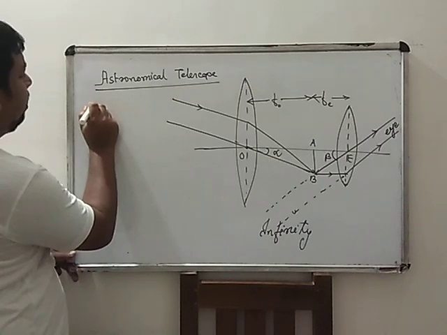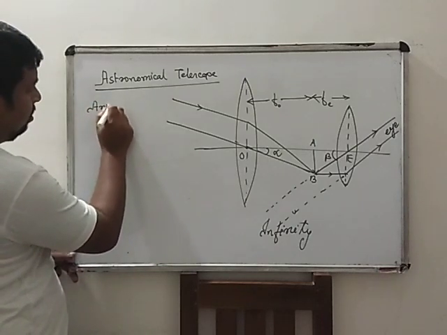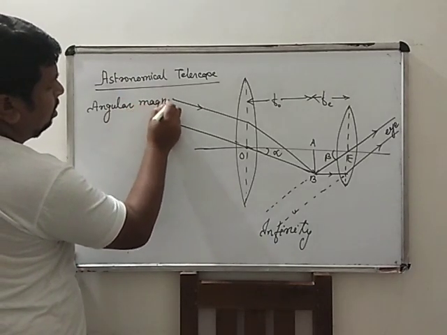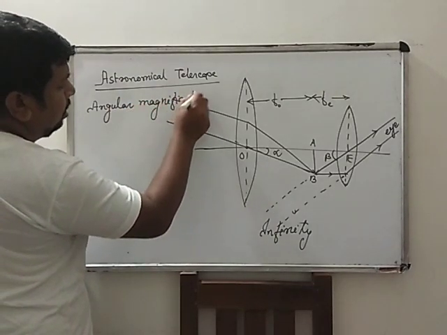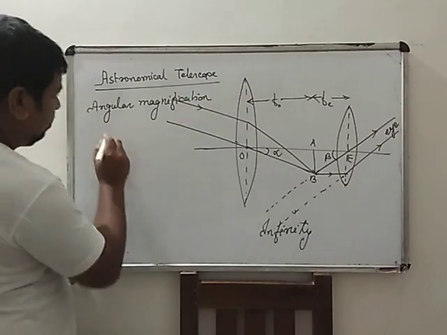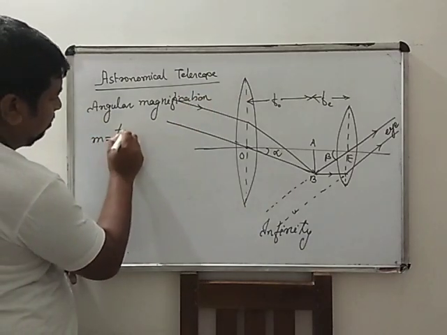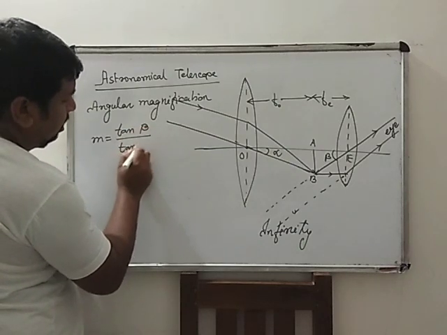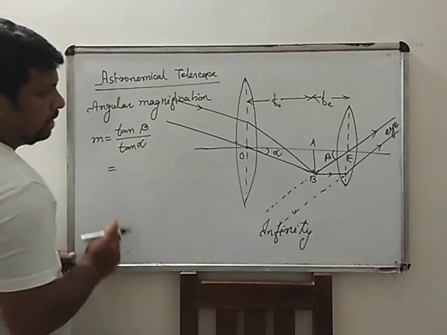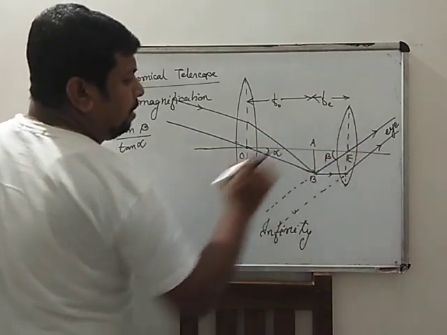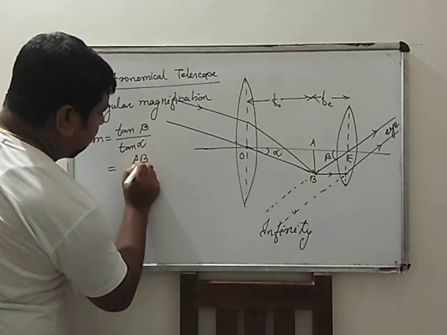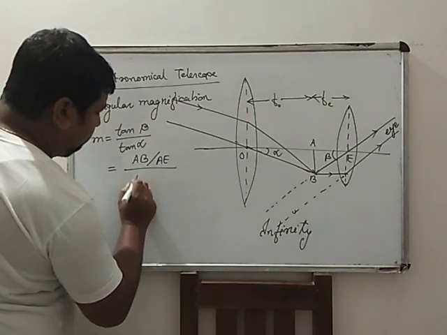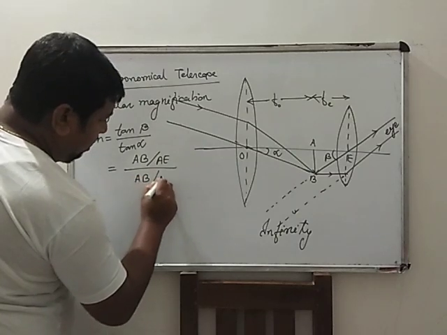Angular magnification is m equal to tan beta divided by tan alpha. Tan beta equals perpendicular by base, that is AB by AE, and tan alpha equals AB by AO.